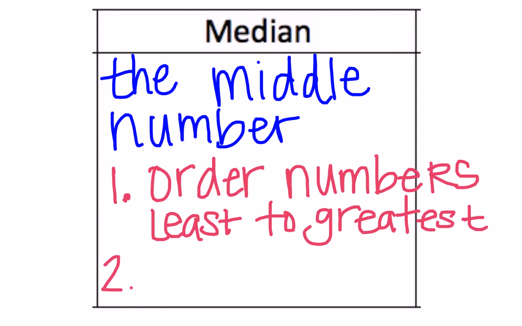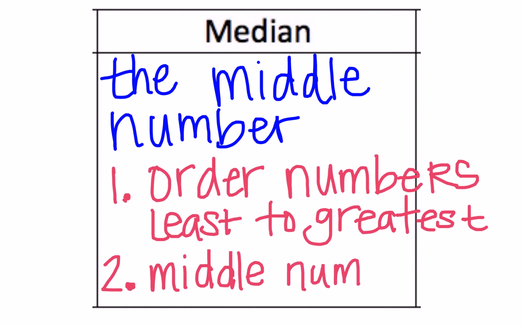And then step two is find the middle number. So don't just find the middle number before you put them in order. We'll do an example of this in a minute. Write this down, pause the video here if you need more time to write.